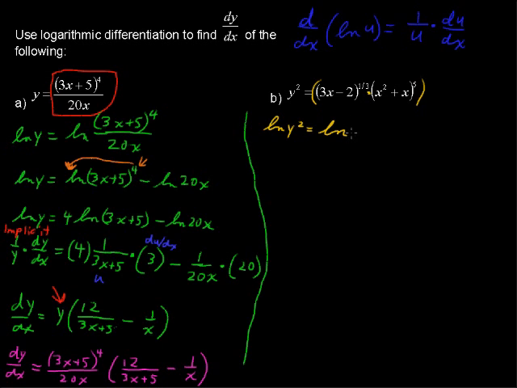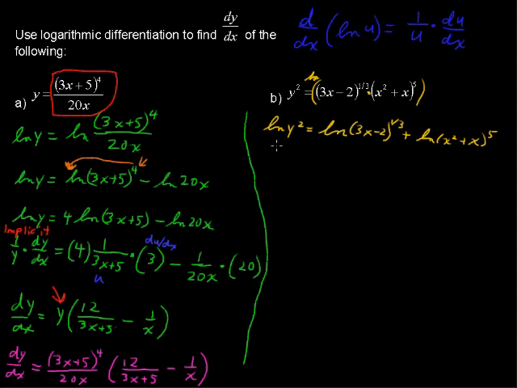So I'm going to say the natural log of (3x - 2) to the 1/3, plus the natural log of (x squared + x) to the 5th. All right, now let's get to it. So I just skipped that step of writing natural log of that.